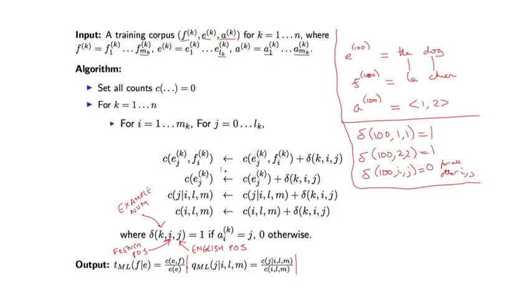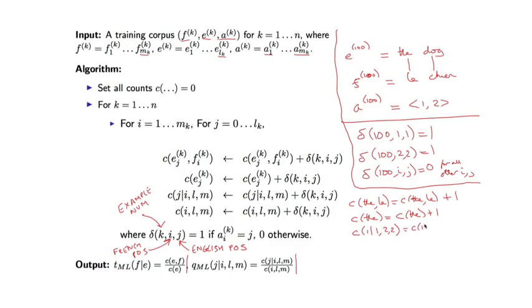So if you trace it through, you can see which counts are actually incremented on this particular example. You'll find that c(le, the) equals c(le, the) plus 1. That's one increment. And similarly from this line, we're going to get c(the) equals c(the) plus 1. And down here, we're going to get c(1 | 1, 2, 2), so that's the length of the two sentences.